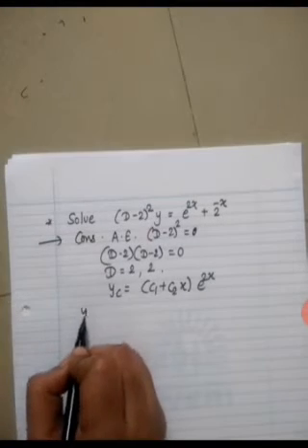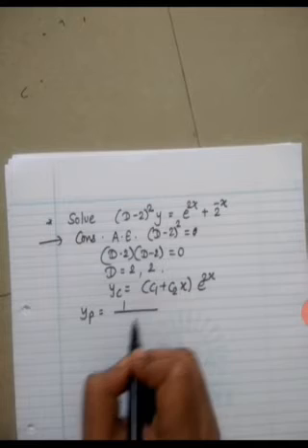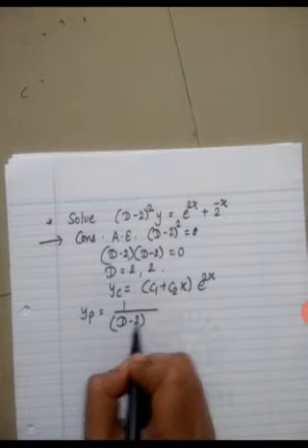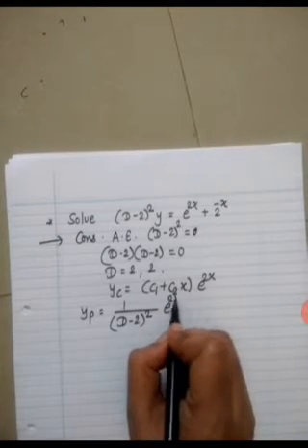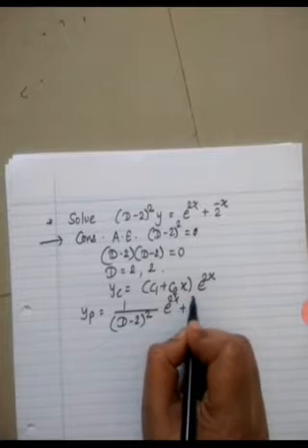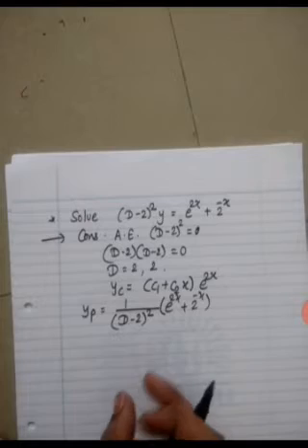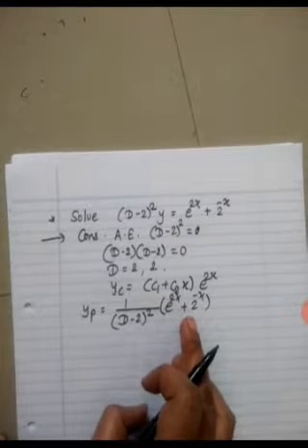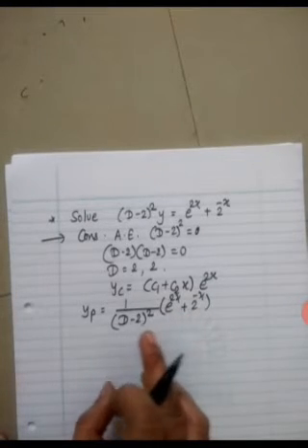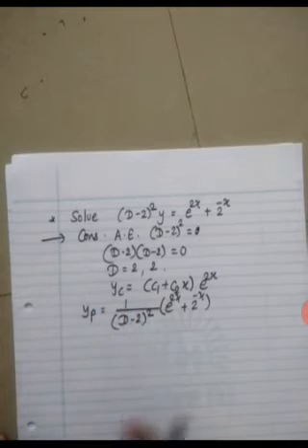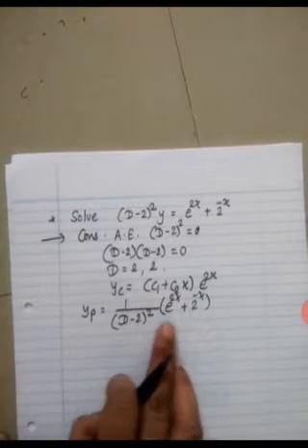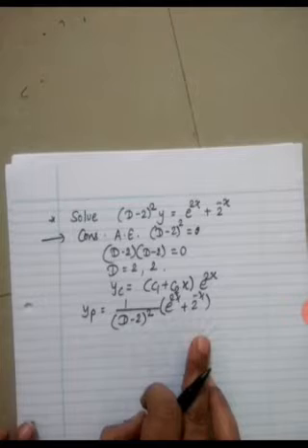Next we'll go to y p. Y p is 1 upon D minus 2 whole square, acting on e raised to 2x plus 2 raised to minus x. The whole function I have written. As there is a plus, or if there is a minus, and 1 upon D is operating as an integration, in integration plus and minus get separated.